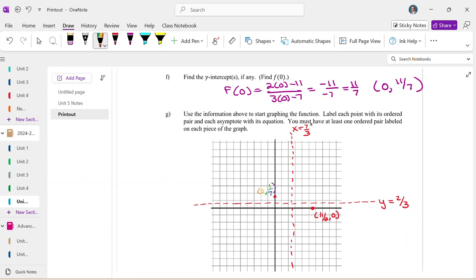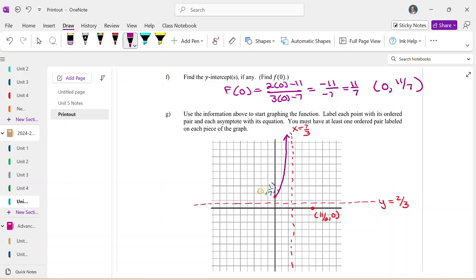So notice it says you must have one ordered pair labeled on the graph. If you look at the vertical asymptote, you have to have one ordered pair on each side. So since we have that, because of the vertical asymptote, the points are going to go towards the asymptote. So it's going to go towards the asymptote this way.